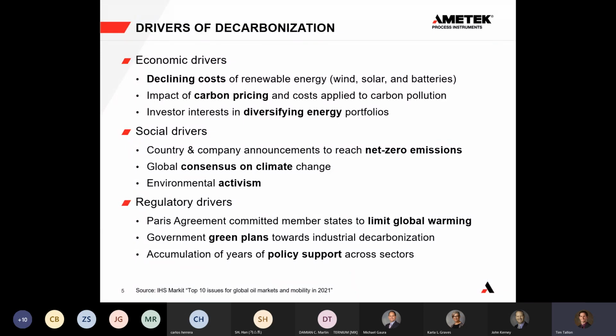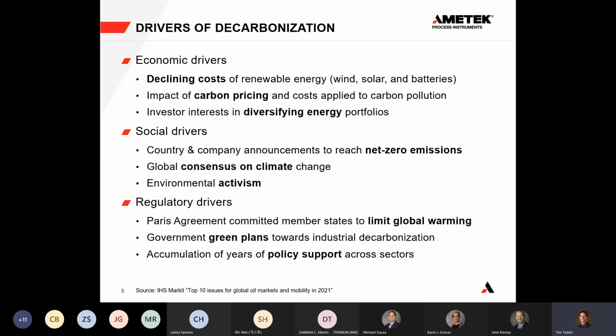There's also carbon pricing, carbon taxes, and other costs applied to carbon pollution that you see in different countries across the world. And from the economic perspective, there are some investors that are working to diversify their energy portfolio. And that comes up in different ways, but that drives the interest and demand for renewable energy.